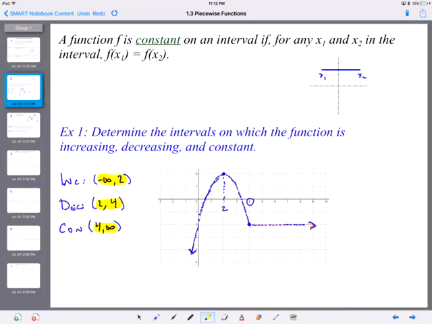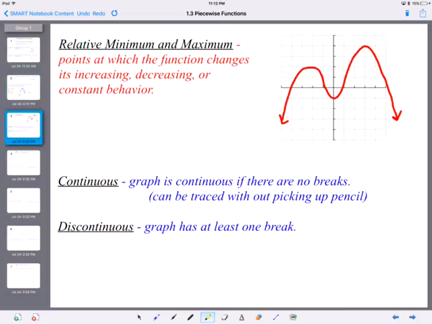Okay, going on to the next thing, relative max and min. I have a graph here looking at points at which the function changes its increasing, decreasing, or constant behavior. As you look at this graph, as it increases, it gets to this point, and then there's a change. It starts to go down, so now it's decreasing.